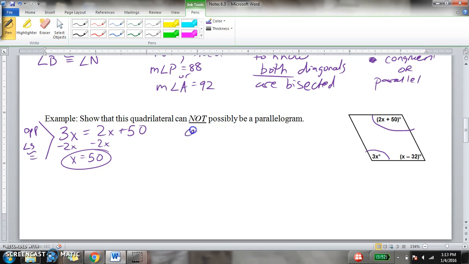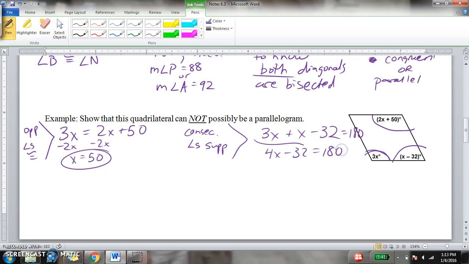Knowing that consecutive angles are supplementary, that would allow me to take this angle and add those together and set them equal to 180. So if I do that, 3x plus x minus 32 equals 180. If I add these together, 3x and x is 4x minus 32. Add the 32 to get it over to the other side.